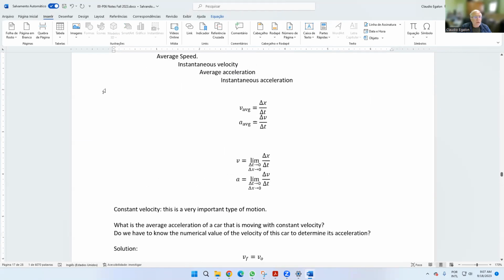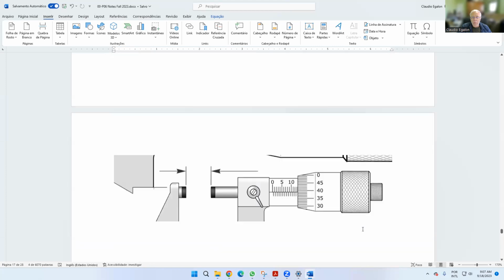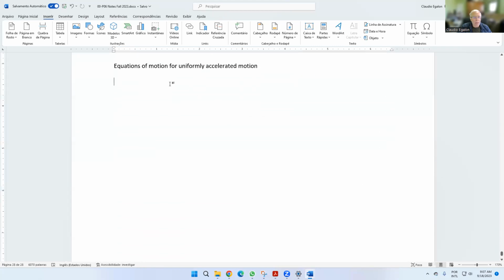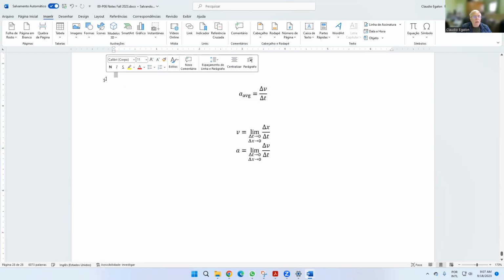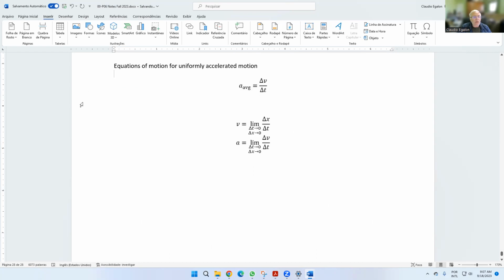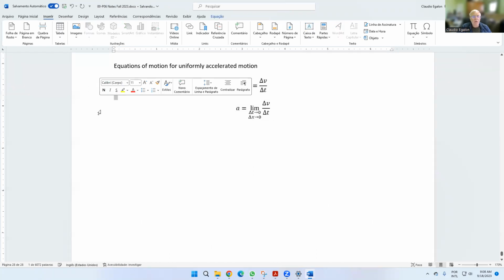Those are the definitions of acceleration: average acceleration first, instantaneous acceleration afterwards.